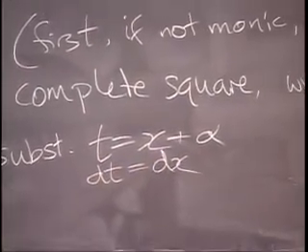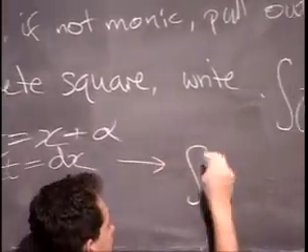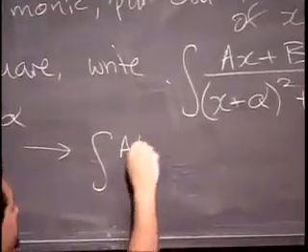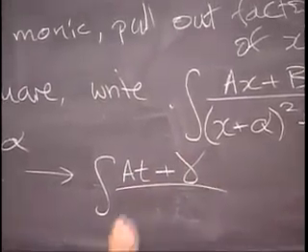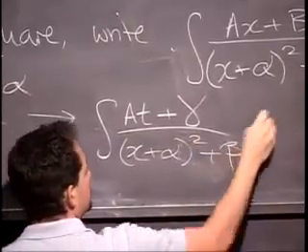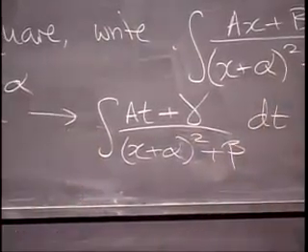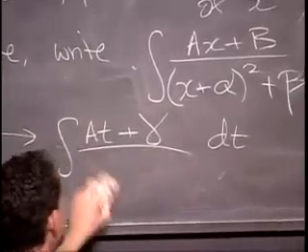And that will reduce the integral to at plus something. I'm starting to run out of letters. Gamma. And the bottom is now t squared plus beta, whatever that happens to be.